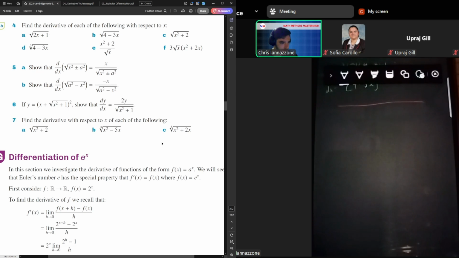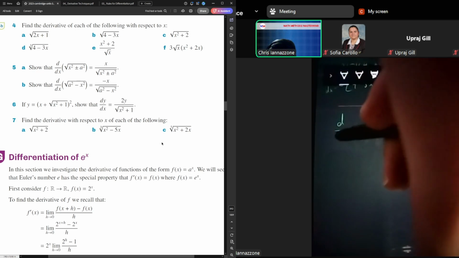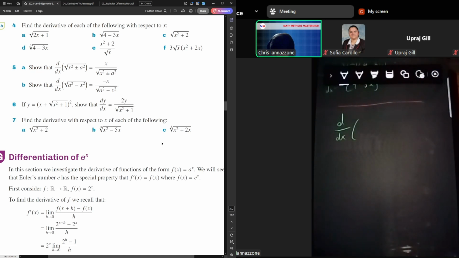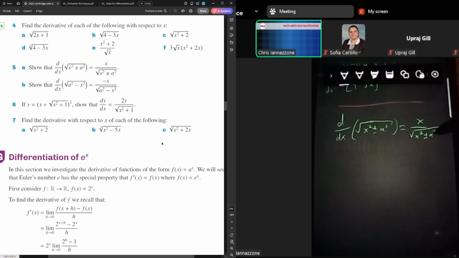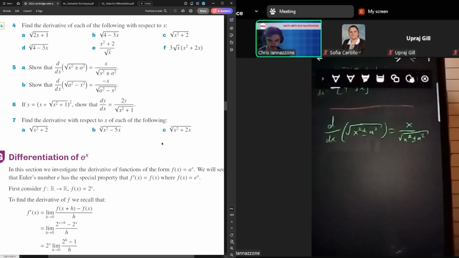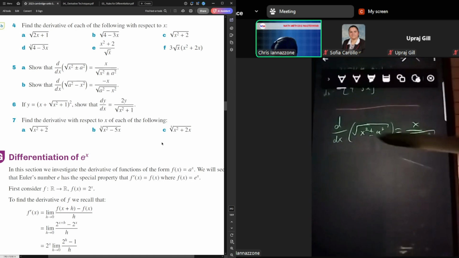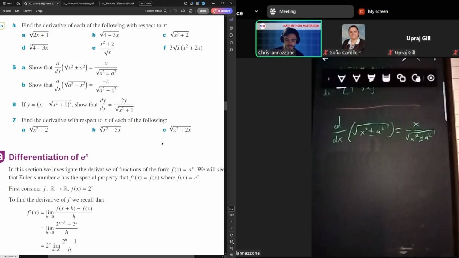So, question 5. We want to prove that the derivative of square root of x squared plus minus a squared is the same as x over square root of x squared plus minus a squared. So prove that the derivative of the left is this right hand side.